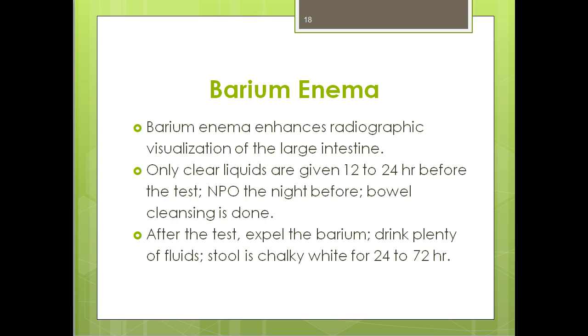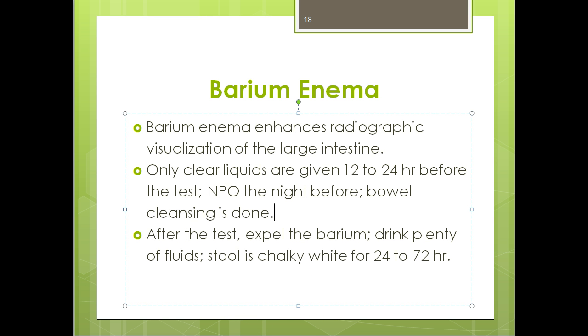Okay, so the next test is the barium enema, which enhances radiographic visualization of the large intestine. You only drink clear liquids, given 12 to 24 hours before the test. They're NPO the night before. And then, of course, you're going to do the bowel cleansing process.